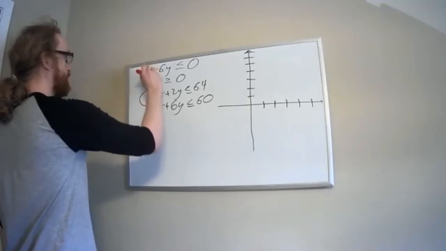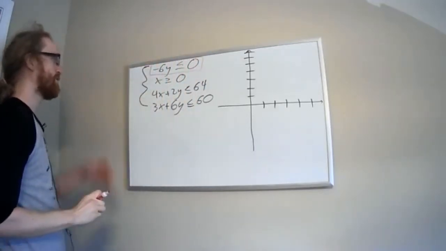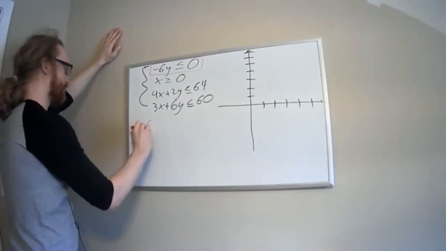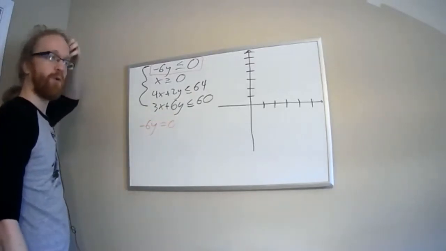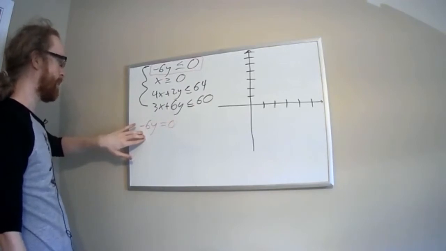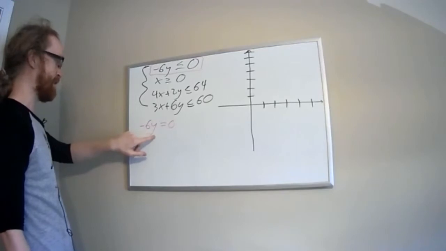Negative 6y less than or equal to 0. So how does that work? Well, I need to graph the line negative 6y equals 0. So where is that? If I wanted to put this into slope-intercept form, I would want to get y by itself.